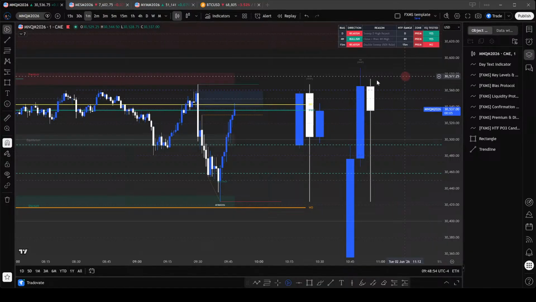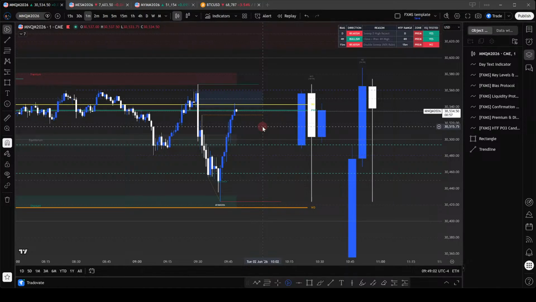All right, still closing above. So let's see, next one. We did tap the day open that time, and the OB. Didn't quite get to the 50 here. Let's see if we get that on the next candle.